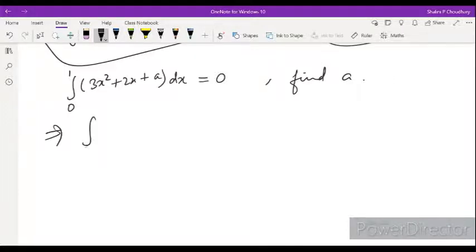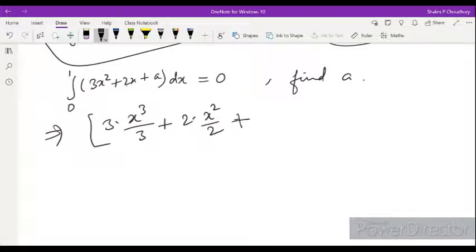We'll find out the integral of 3x square, so 3 into x to the power 3 divided by 3, plus 2 into x square upon 2. Why? Because 2 into x has power 1, so after integration we'll get x square upon 2. And with a there is no power of x, so it will be a into x. And 0 to 1 is equal to 0.